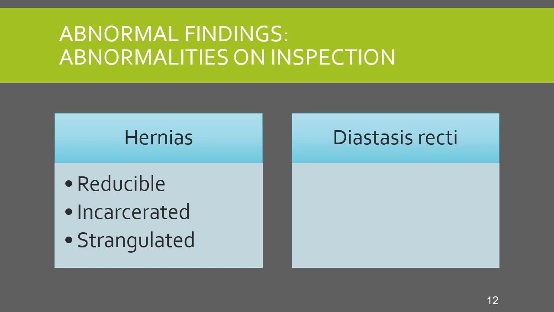If it persists, it turns black and it can even become necrotic and gangrenous. And that truly, again, is a surgical emergency. So somebody who presents with a discolored, very painful hernia, you would call the physician, start a large gauge IV, draw bloods, prep them for surgery, and treat them for pain.